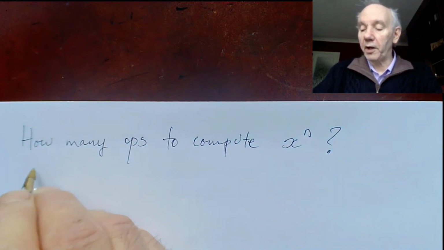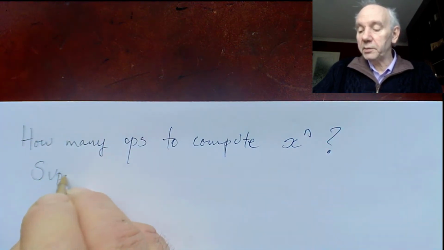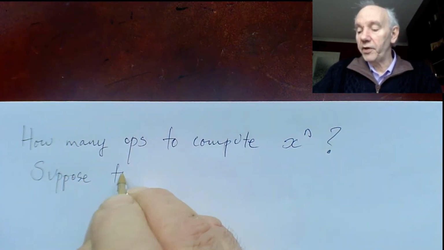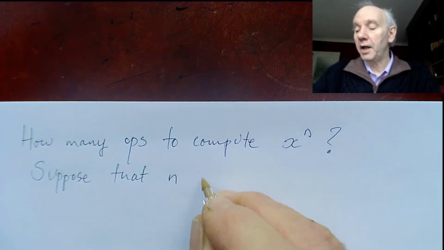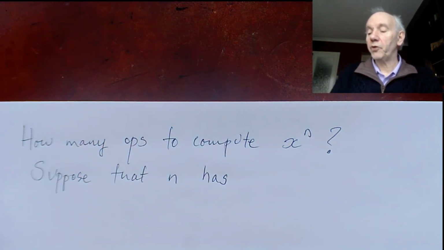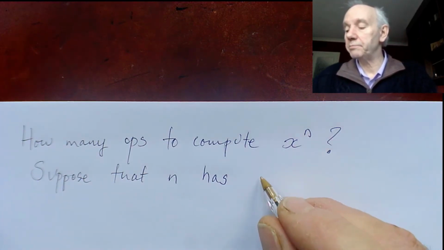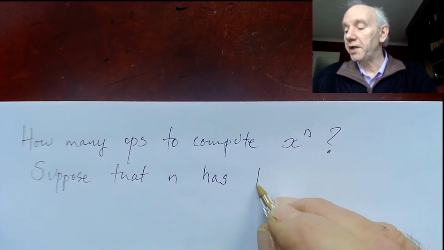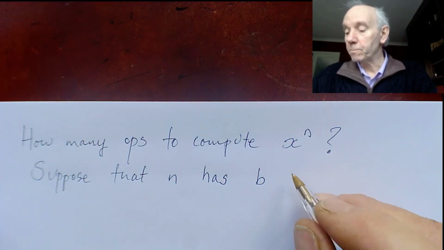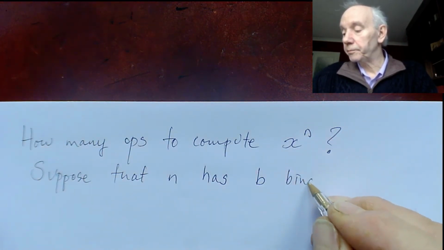And I can answer this quite quickly. Let's suppose that to express the exponent n, we need b bits. That is, when we express n in binary, it has b binary digits.